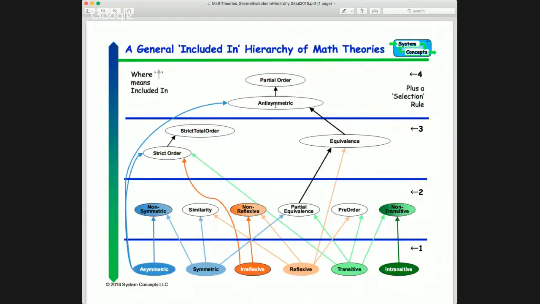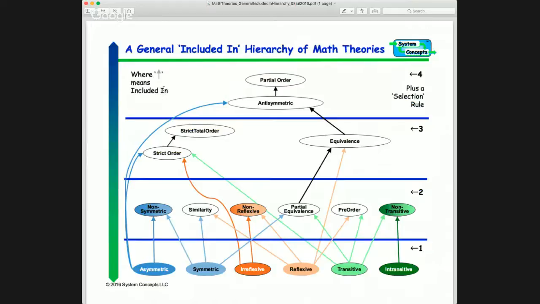And then anti-symmetric has a grouping of three equivalents, but then it steps down and brings a primitive back up, which is asymmetric. And then anti-symmetric goes into partial order. So this is basically an included in type of hierarchy for these math theories.